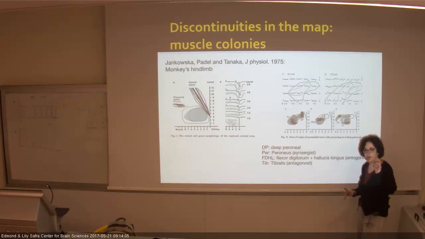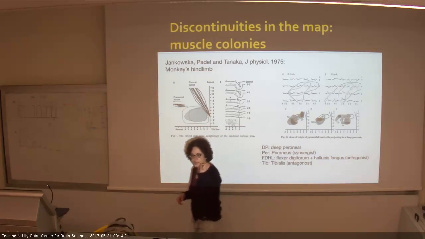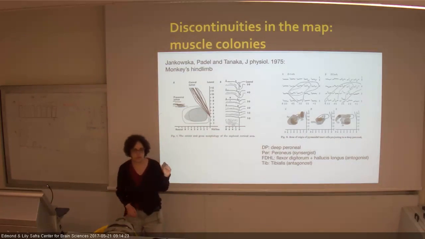So the same cortical site innervates monosynaptically different muscles that are not necessarily synergistic. They can also be antagonist muscles. That makes it less likely that muscles are being controlled by specific sites in the motor cortex.